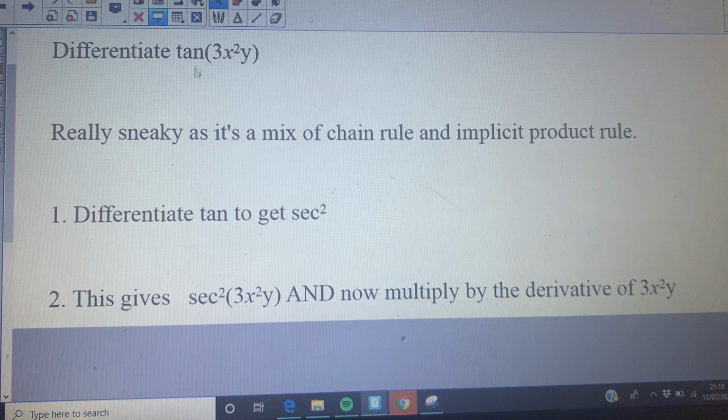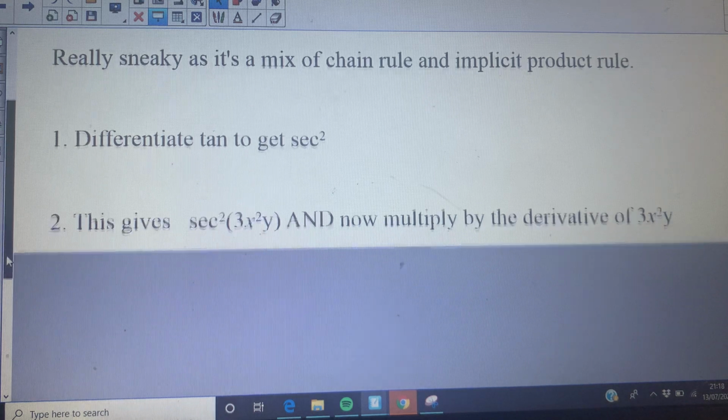So all I've done is differentiated that function. And as you know, your angle stays the same. You're now going to multiply this function by the derivative of 3x squared y, which is implicit and it's a product. So let's take our time.